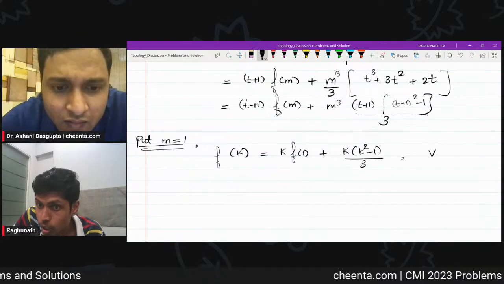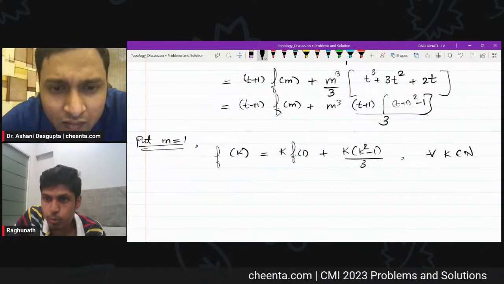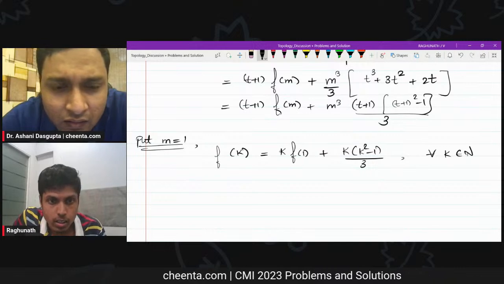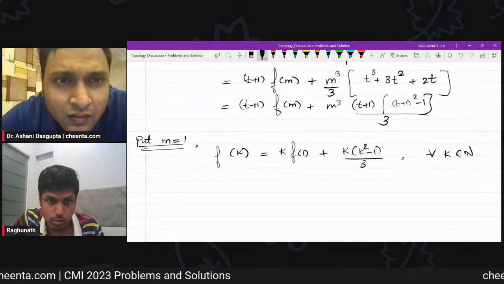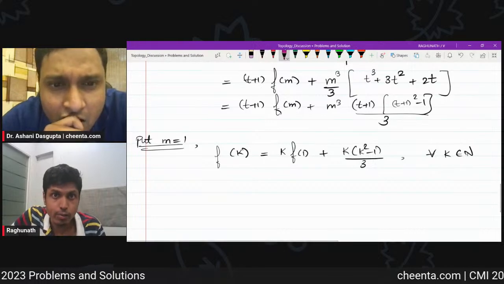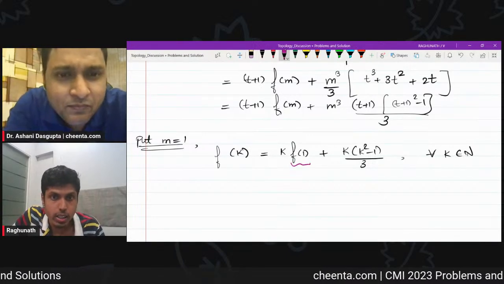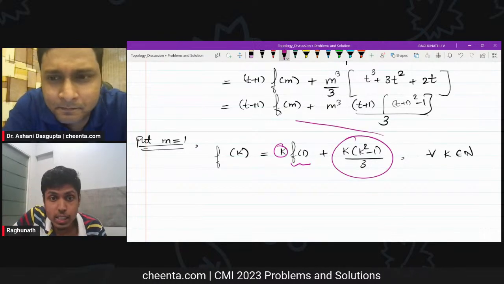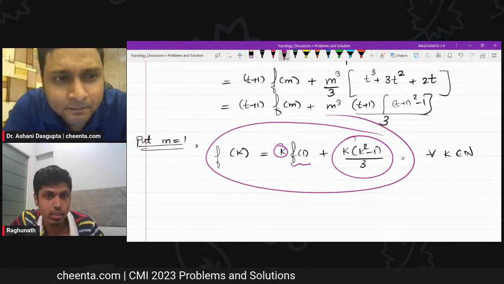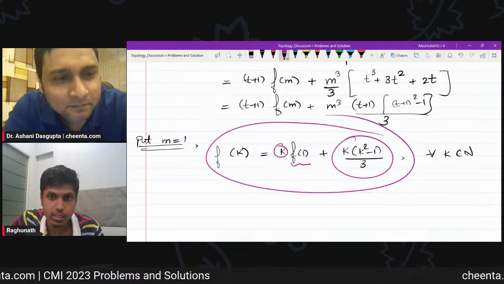And this is true for all k in naturals, which we just proved by induction. Now, remember that the domain is itself natural numbers, and f of 1 is a constant, and these are in their explicit form already. So we have already found the function in a sense.